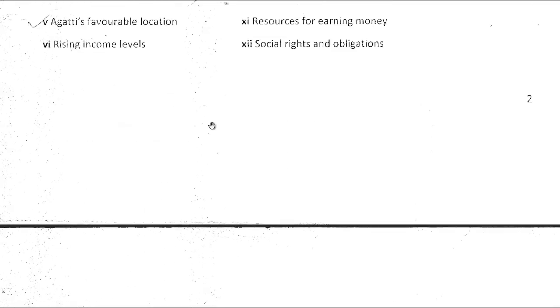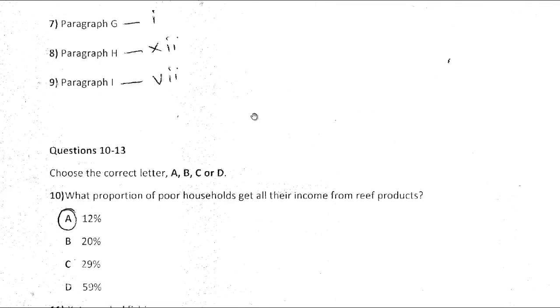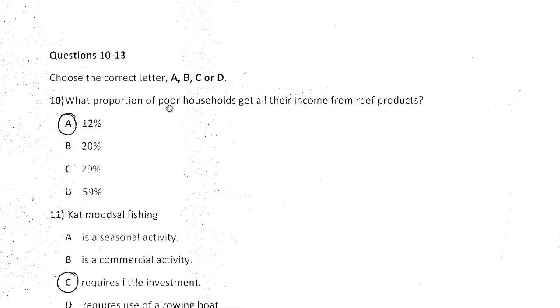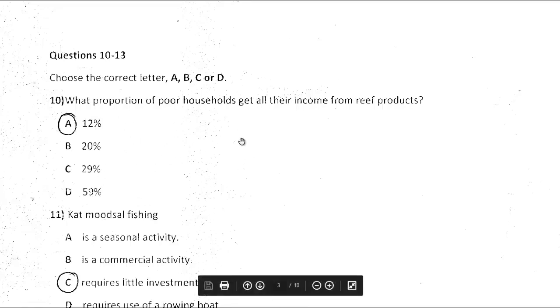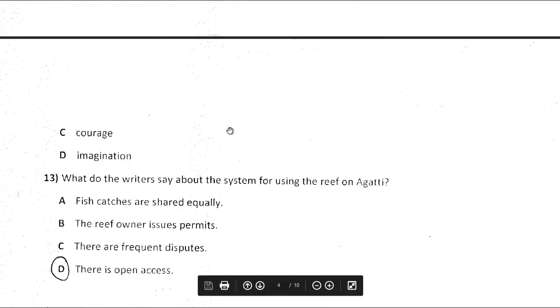Having read paragraph A, you fill in your list of headings, then you go down again and don't stop. You check what proportion of poor households gets other income. If that paragraph does not contain the information, you leave it, because this multiple choice follows in that order. So you leave it and move to the next.